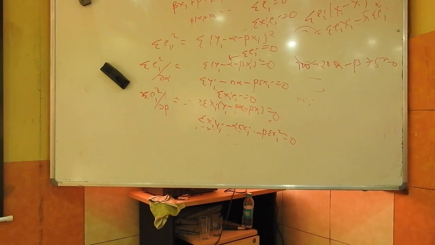So setting the covariance of xi is equal to 0 is nothing but setting summation xi ei is equal to 0. So here we are deriving alpha hat and beta hat by setting summation xi ei is equal to 0. There we are deriving beta hat and alpha hat by saying that covariance x is equal to 0. So we are using the same identifying conditions, and so we will identify the same parameters, because we are using the same identifying conditions.